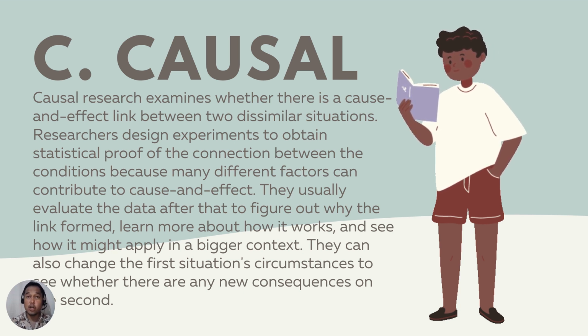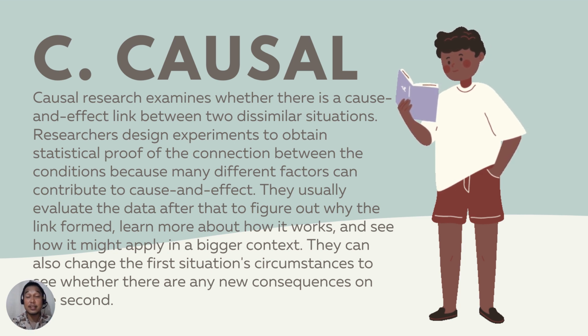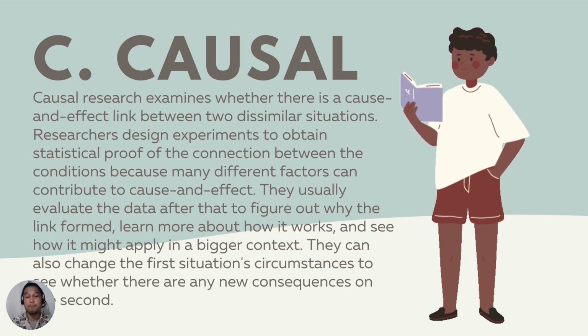So the difference between causal and correlation is that correlation only tries to determine a significant relationship between two variables. So if there is a relationship between the two, the answer might be yes or no. For causal, you want to determine whether there is a cause and effect relationship.